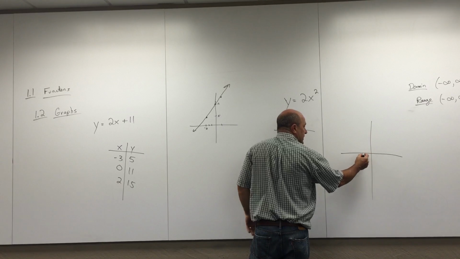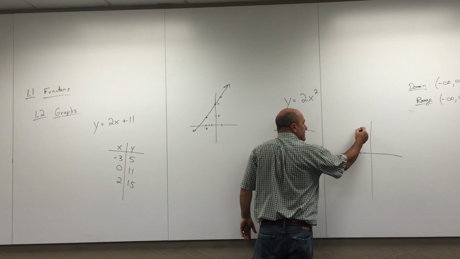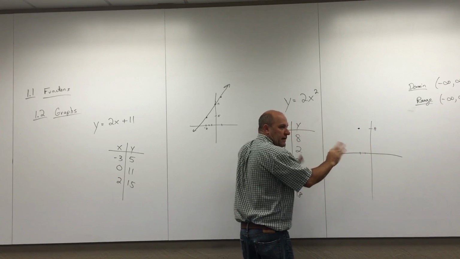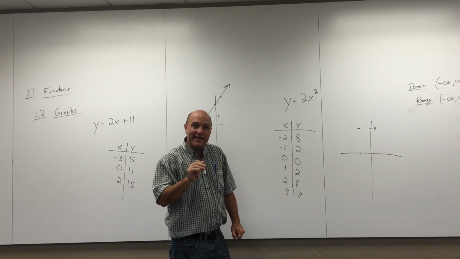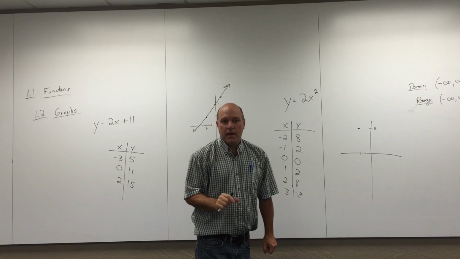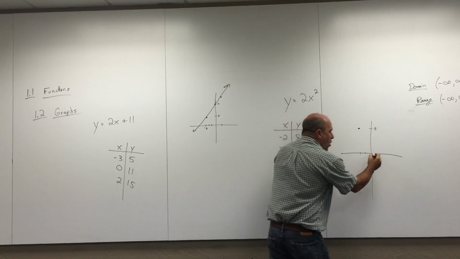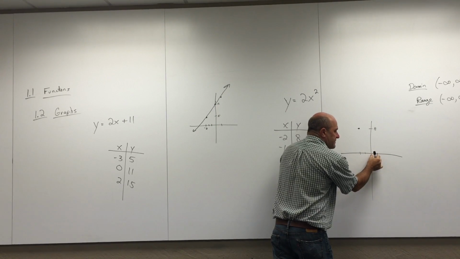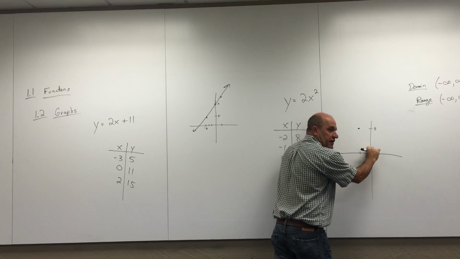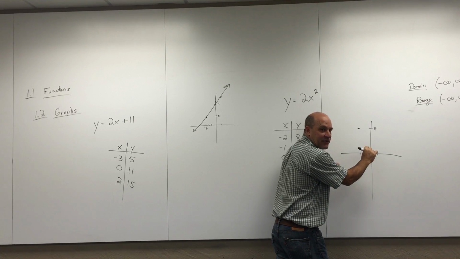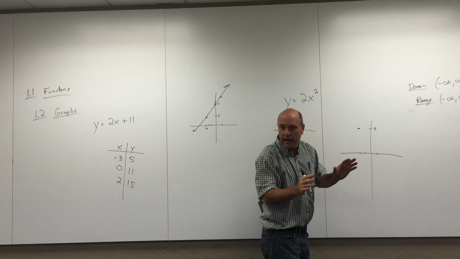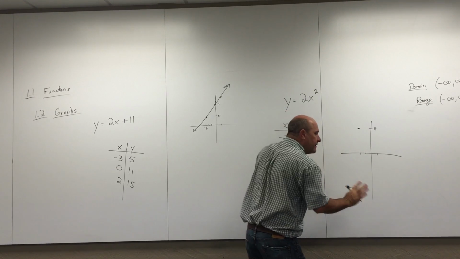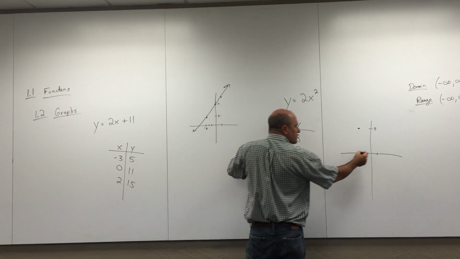-2, 8: I do this quickly. I go to -2 and I go up 8. I don't get all freaked out about counting everything. If I make one unit on the x-axis, sometimes I like to make the same size unit on the y-axis. That's for accuracy, although if the numbers are huge, I abandon that theory too. -1, 2.